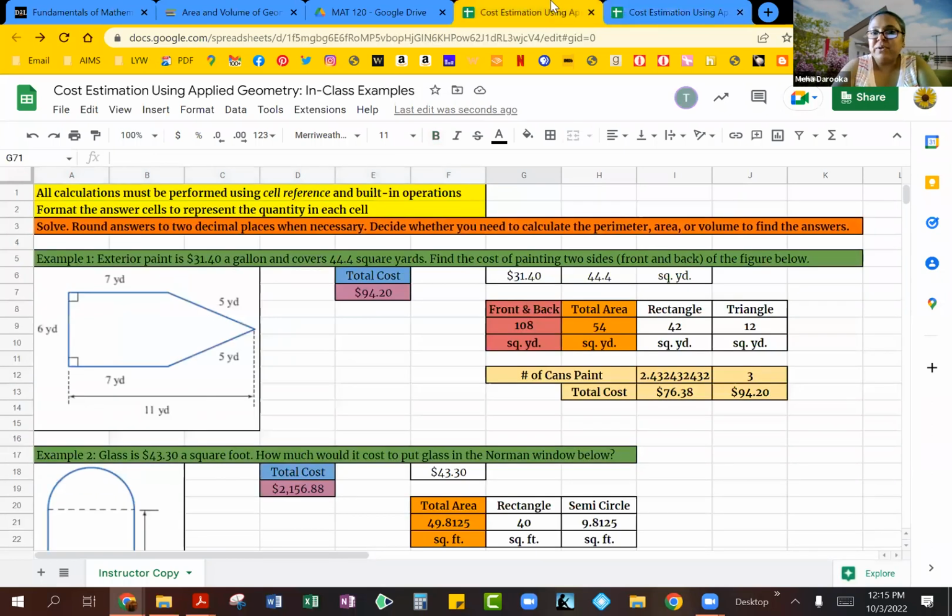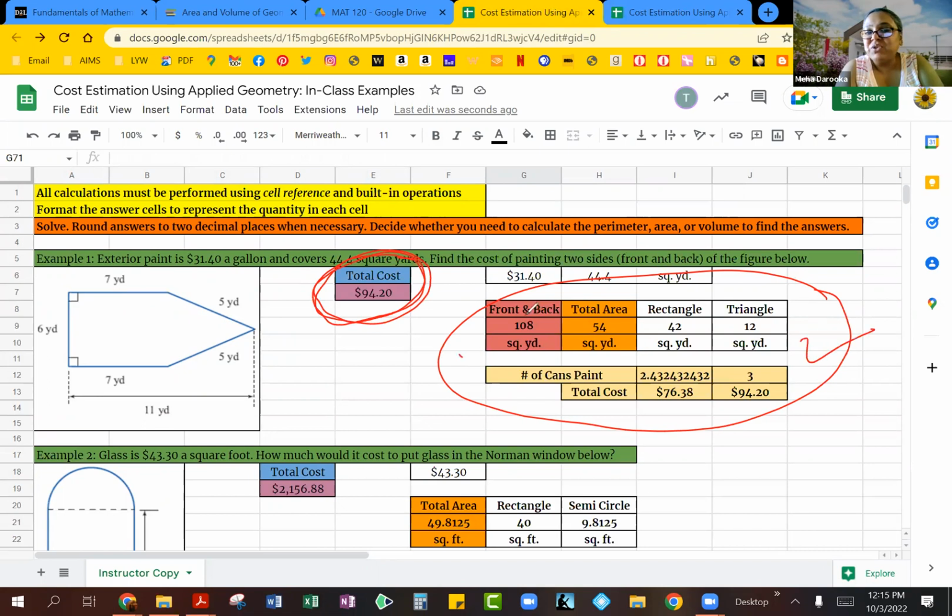So this is what I am looking for. I am looking to see how did you break down your numbers? How did you come up with it, was it perimeter, area, volume, what you need to do? So even though I am only giving you the final answer box, I do need to see your calculations, where you came up with your calculations from, how you broke your numbers down and those sorts of things.